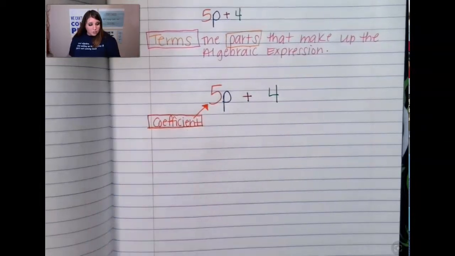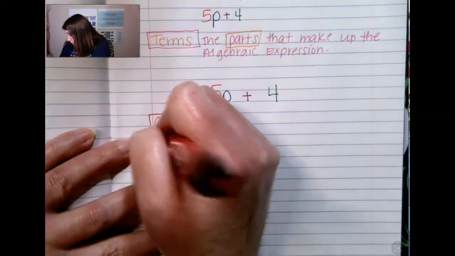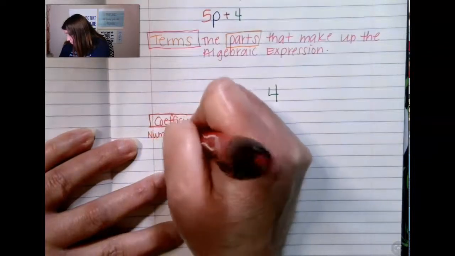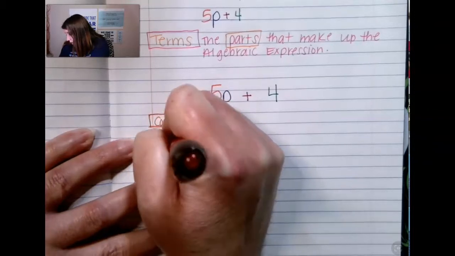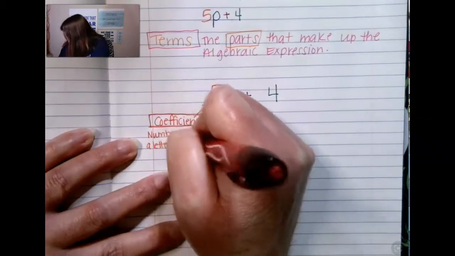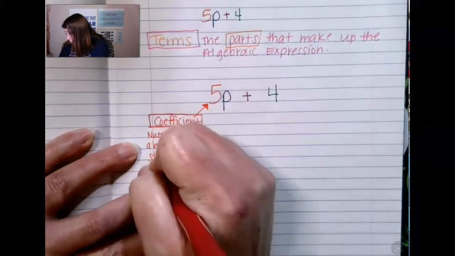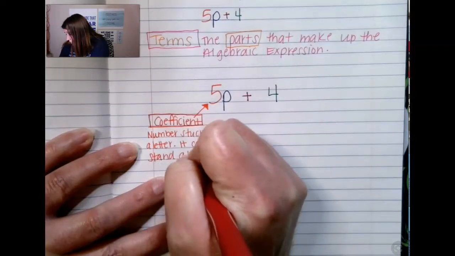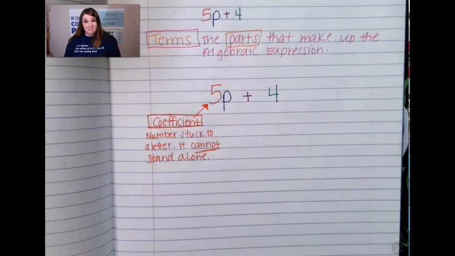So a coefficient is a number stuck to a letter. It cannot stand alone. Okay, so it does not have any value unless P has value, all right? So coefficient. It's dependent on something else.